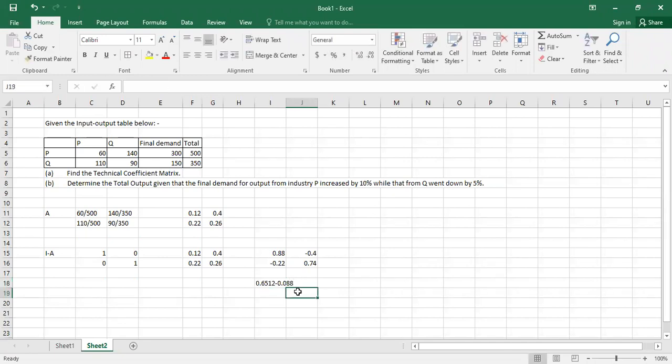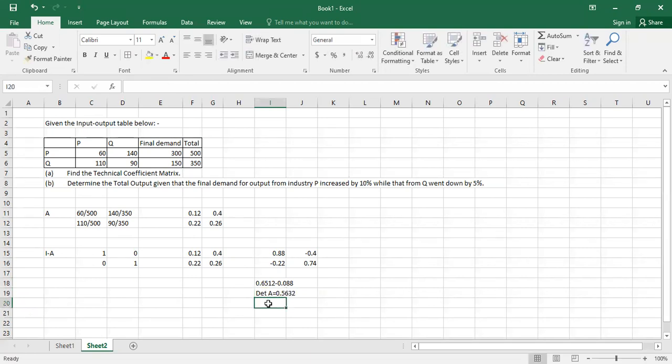So what is my determinant? The determinant of A is 0.5632.